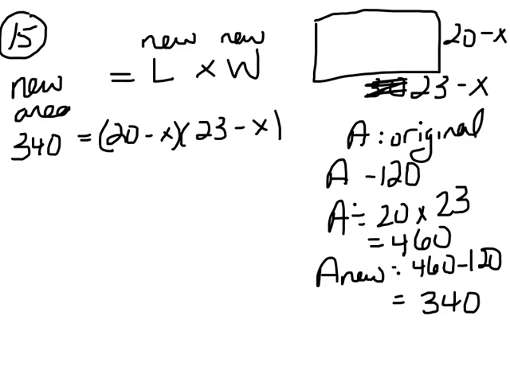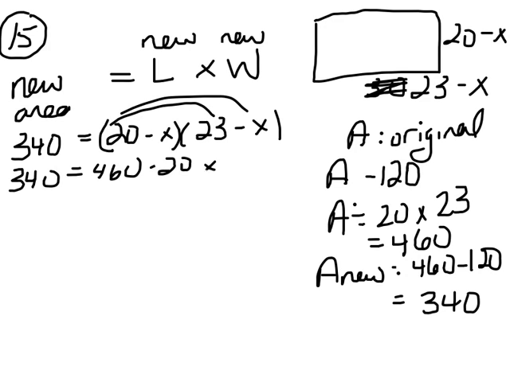So now this is one of those problems where we're going to have to do a bit more work. We're going to have to distribute everything over here, so that 20 times 23 is going to be 460 minus 20x, and then we got a minus 23x right there, and then a negative x times a negative x is a plus x squared. We know we got to move all the terms to one side.